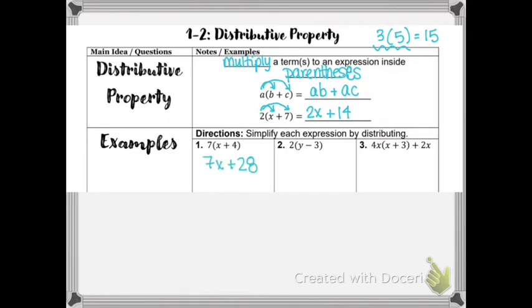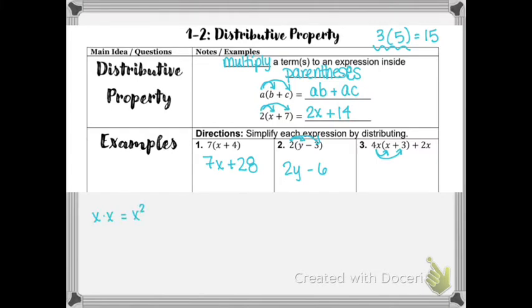Okay, so for the next example, we're going to distribute the 2 to both terms. So it's going to give us 2y minus 6. Okay, and the next one, we're distributing here. I'm going to draw the arrows on the bottom. So I have 4x times x. When you multiply x times x, that's going to give you x squared.